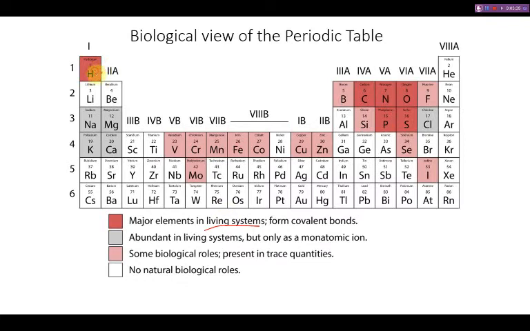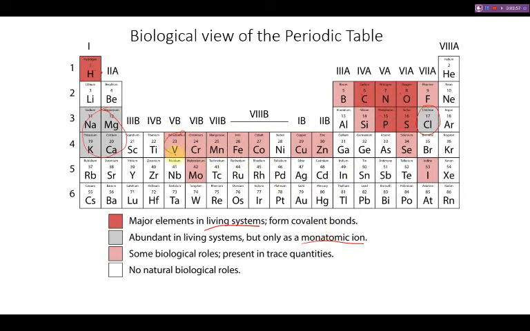And that's hydrogen, carbon, nitrogen, oxygen, phosphorus, and sulfur. Then you have some other elements that are abundant within living systems. These tend to be some of the metals, although chlorine here is a non-metal. Although these are present in the form of monoatomic ions.